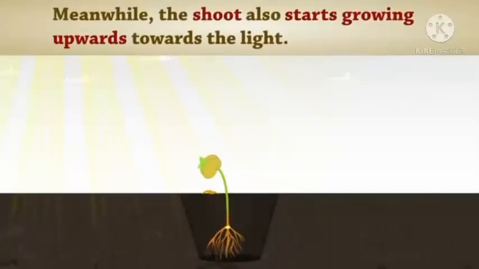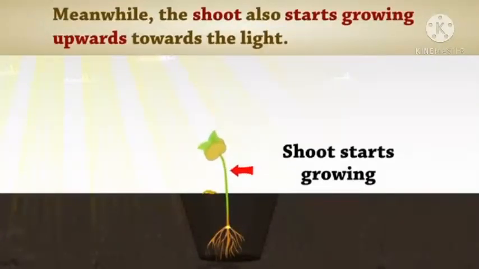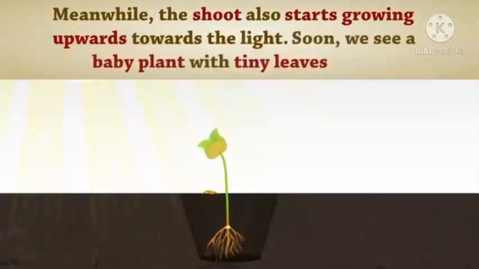Meanwhile, the shoot also starts growing upwards towards the light. Soon, we see a baby plant with tiny leaves.